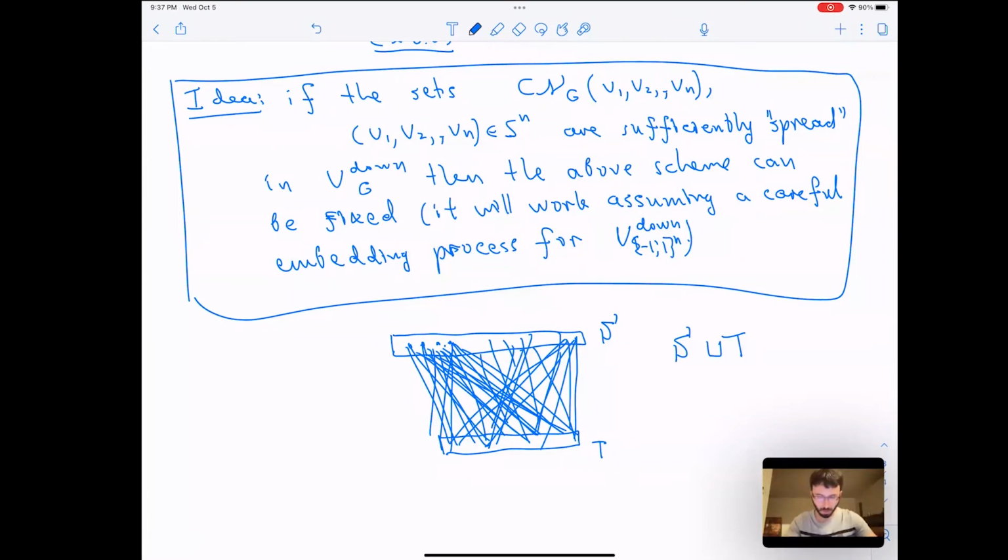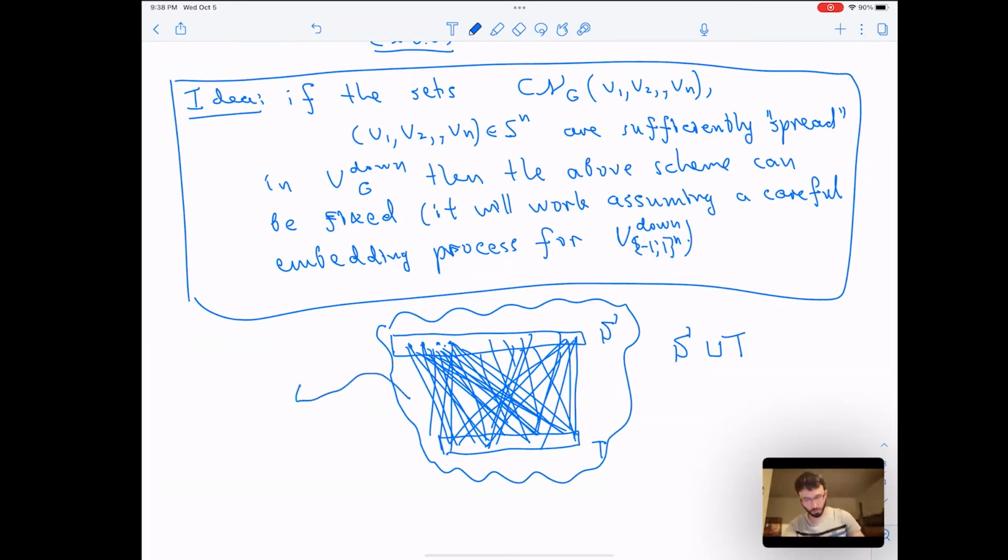So let's just fix this picture and remove this subgraph from G. We just remember that this subgraph exists within G. And now let's remove it from G.